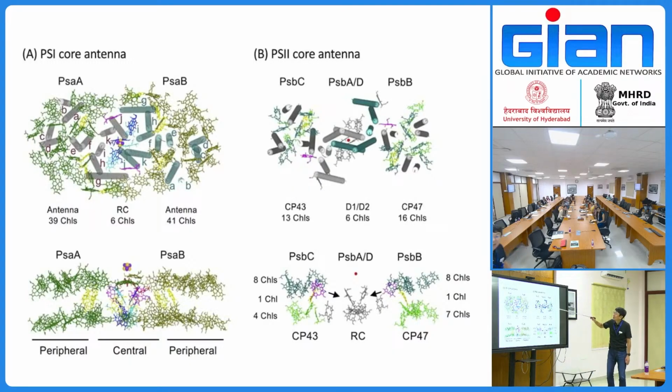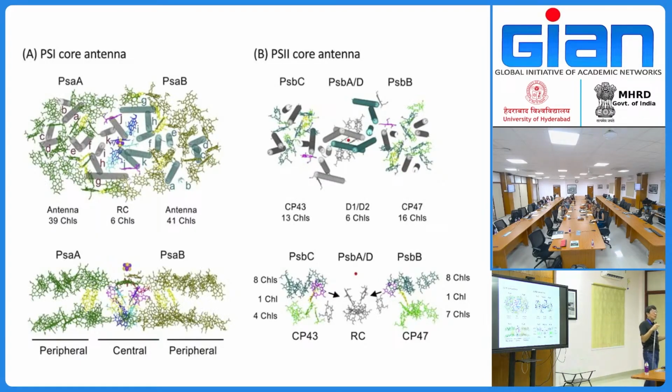And in PS2, it's on a different polypeptide, CP43 and CP47, where core antenna are present. But the arrangement of alpha helix, the 3 pairs of alpha helix, are circular like this. So this part is similar. Okay, and this contains only core antenna and the reaction center here.